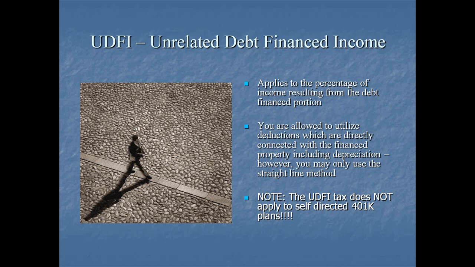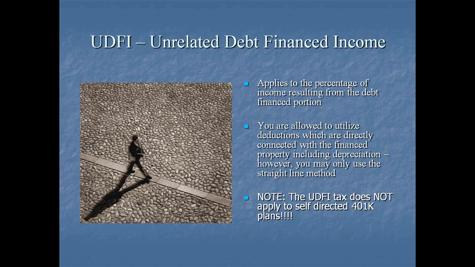So, for instance, if you are using 50% of your IRA money to invest in something and 50% of your IRA money is borrowed, the earnings that you realize, only half of it has to do with your IRA money. The other half of those earnings have to do with money that you have borrowed. Because of that, you have to pay an income tax because that money never got in there by a contribution to a retirement plan. So therefore, that's why you have to pay it.